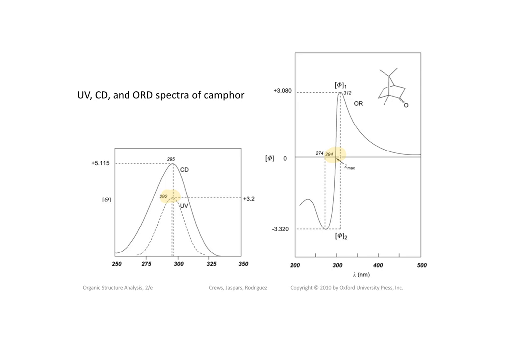At wavelengths shorter than 294, the optical rotation is levorotatory, whereas at wavelengths longer than the lambda max, the optical rotation is dextrorotatory. Therefore, this enantiomer of camphor exhibits a positive Cotton effect.